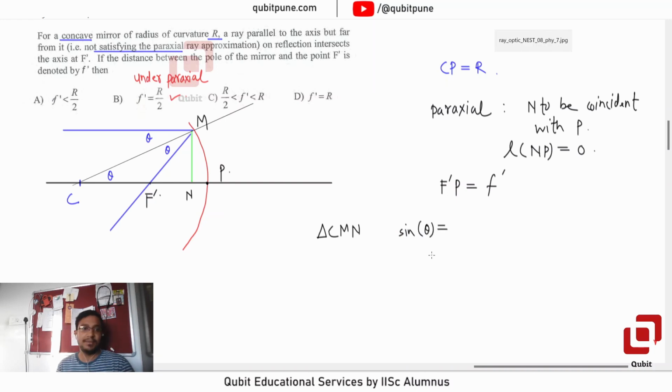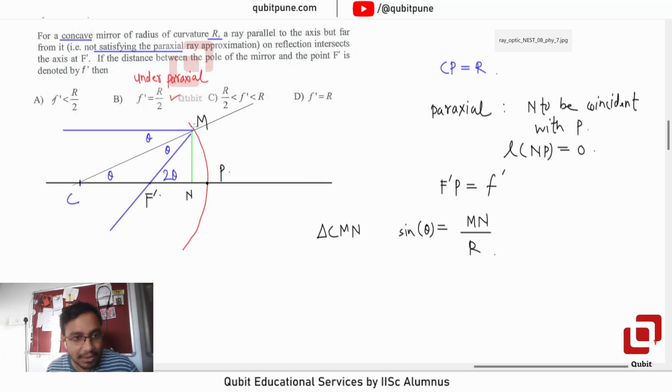Yes. Sine theta will be opposite side mn upon hypotenuse, that is radius cm, that is r.